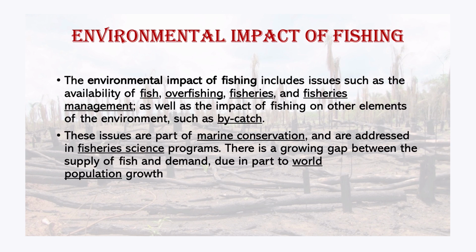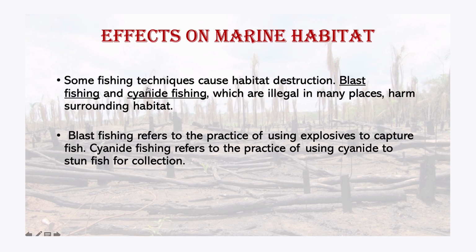Likewise, we talk about fishing. There is an environmental impact of fishing also. The environmental impact of fishing includes issues such as availability of fish, overfishing, fisheries, fish management, etc. Then there are effects on the marine habitat also. Some fishing techniques cause habitat destruction. Blast fishing and cyanide fishing, which are illegal in many places, harm the surrounding habitat.